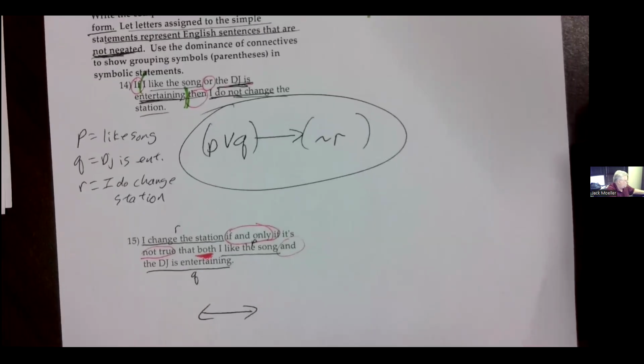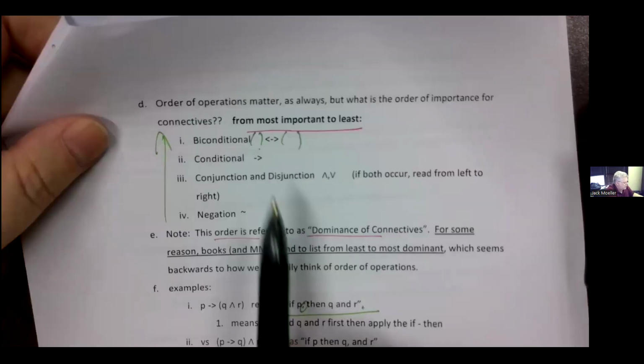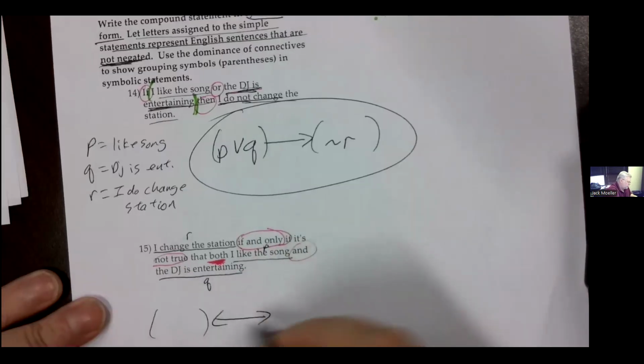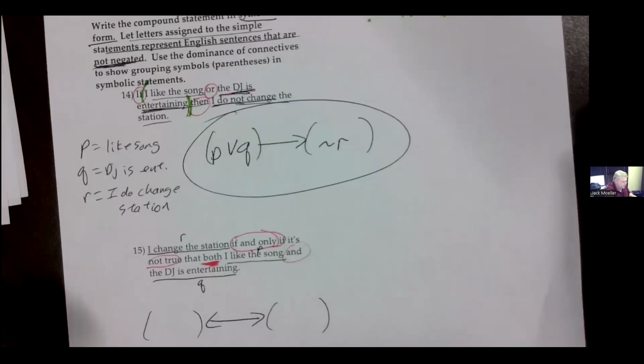Okay. Now, naturally, the biconditional, the if and only if is a high priority. So I'm going to go ahead and put parentheses just because there's no higher order unless we'll see what the rest of the sentence is.